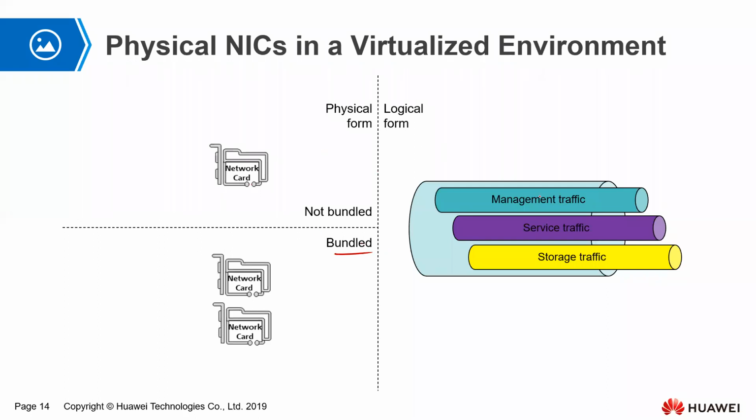When you bundle them, you form some kind of logical form, which you can also use to divide your traffic accordingly. How do we bundle that? We can use some protocol that they call LACP. Who has heard of LACP? Link aggregation control protocol. It is link aggregation control protocol.